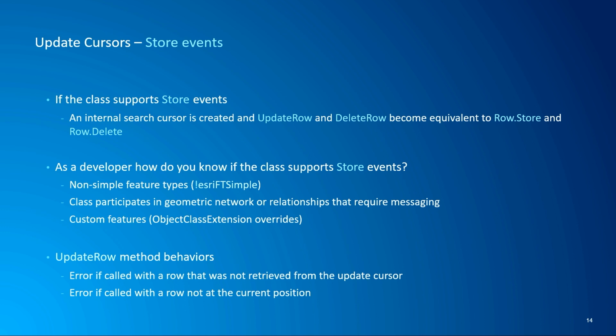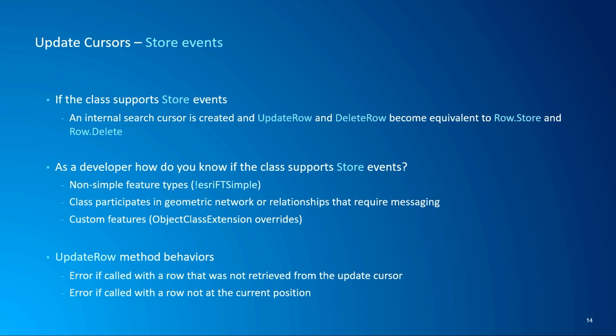If the class does support store events, and these are things for example, the features that are associated with a geometric network, although you're asking for an update cursor to create it, internally we'll create a search cursor, and the update row and delete row methods are essentially equivalent to row.store or row.delete.